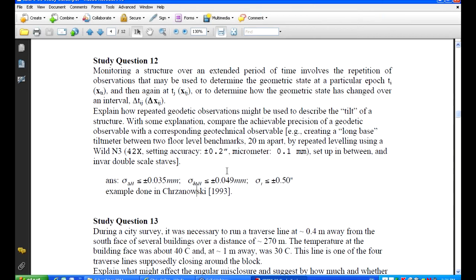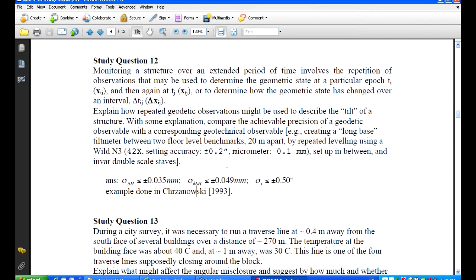We can then end up with, let's say, a delta H between the two benchmarks. We come back at a later date and do the same thing, so we have a second value for the delta H. If we take the difference between those two delta H's, the second delta H minus the first one, we have what we call delta delta H, the difference in the height difference between the 2 points.